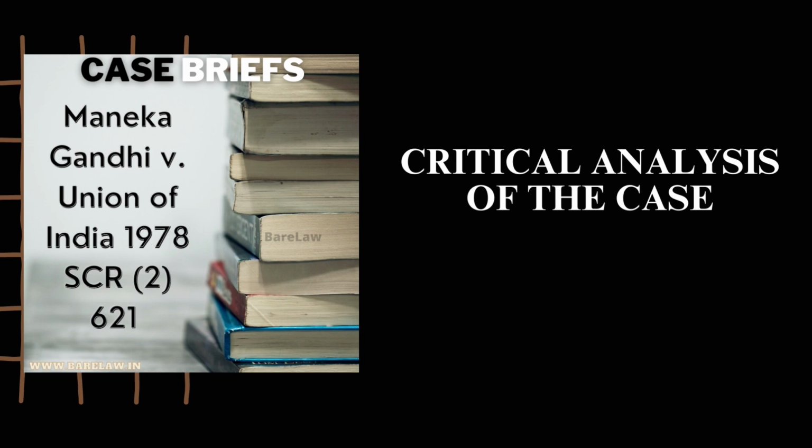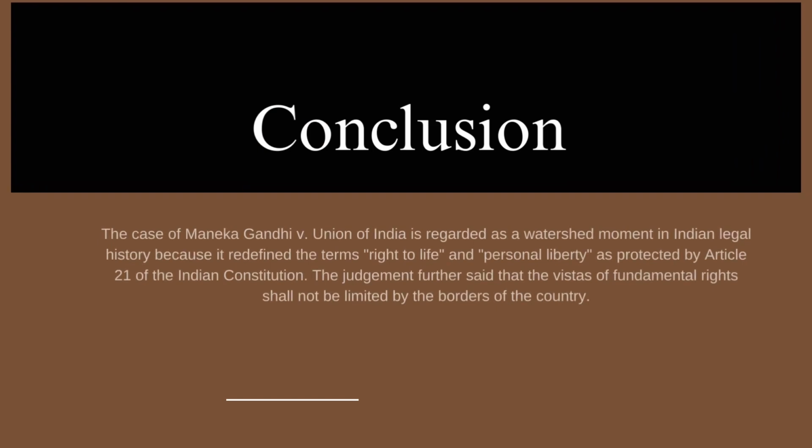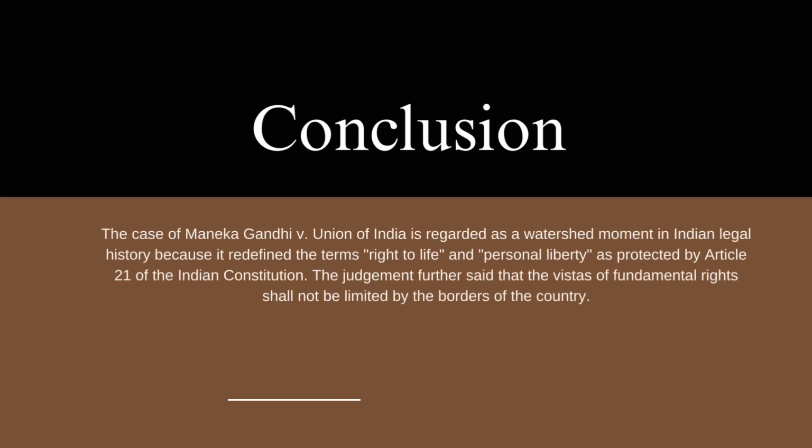So now let's move towards the conclusion part of this case. The Supreme Court of India's decision in Maneka Gandhi versus Union of India is regarded as a milestone decision. Why?